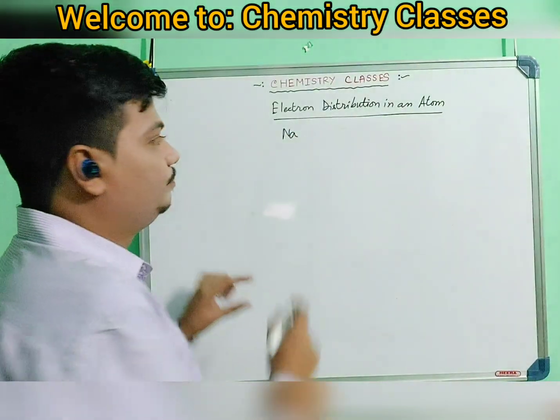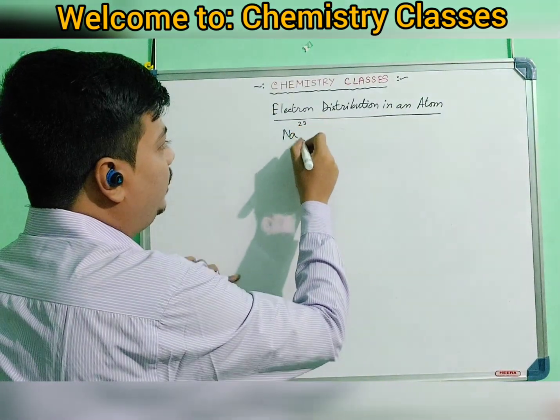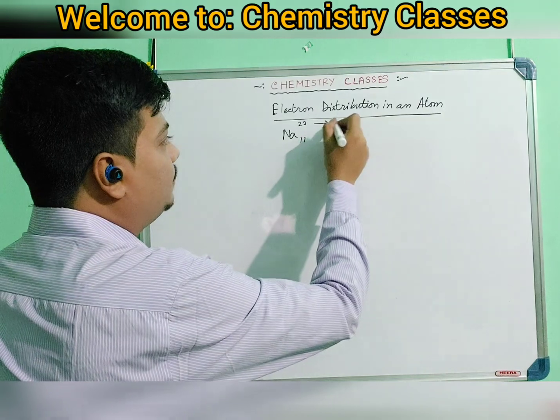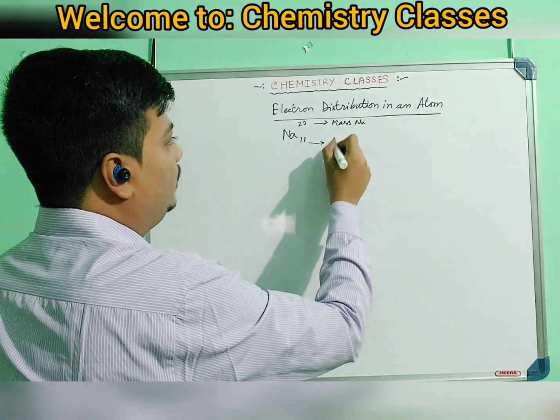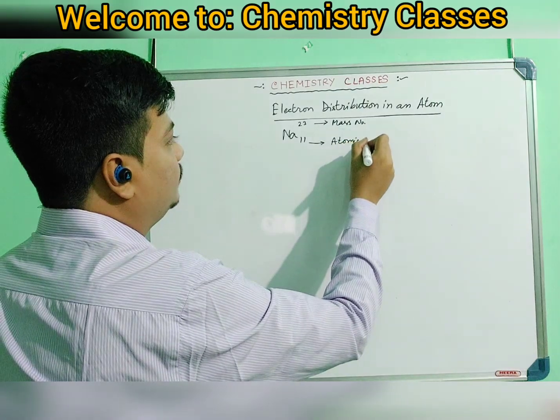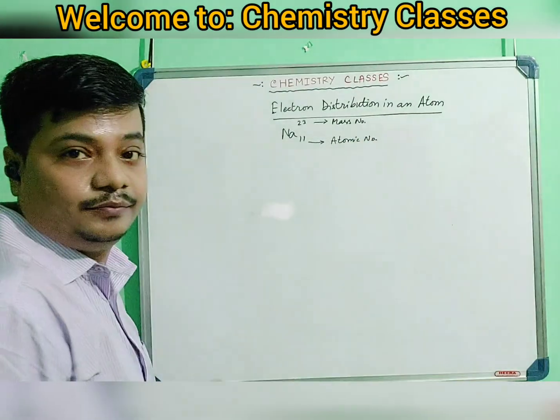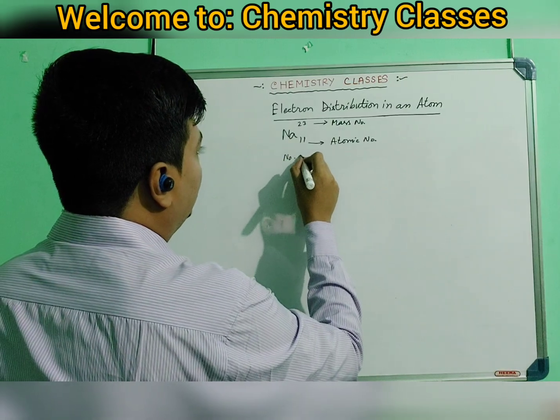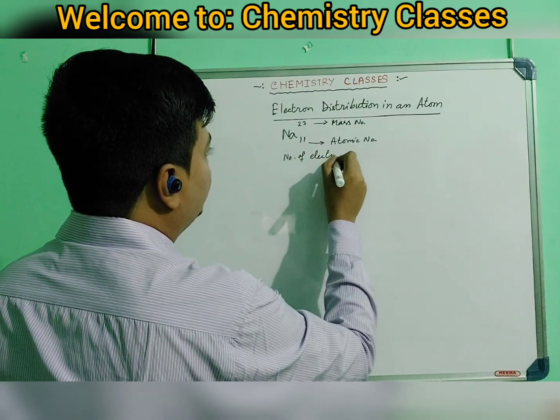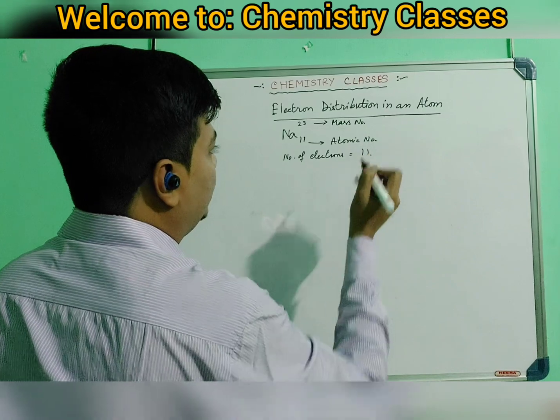Let me take sodium, which has 23 and 11. This is my mass number, this is my atomic number. So from here, the number of electrons is equal to 11.